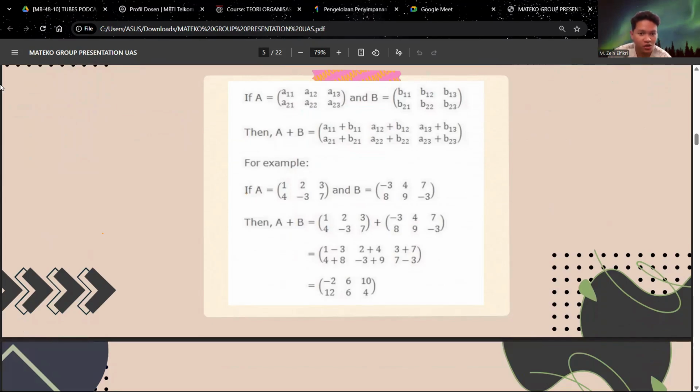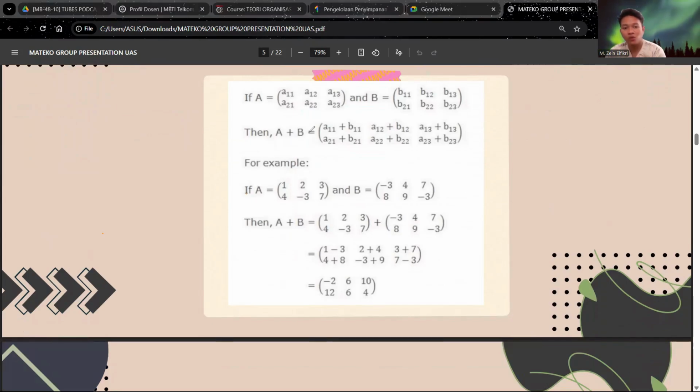Then we have to add A11 to B11. Why? Because it's a matrix, we must add the entries in the same places.